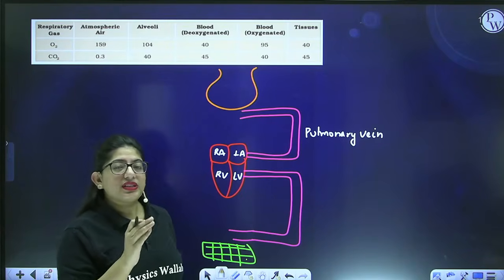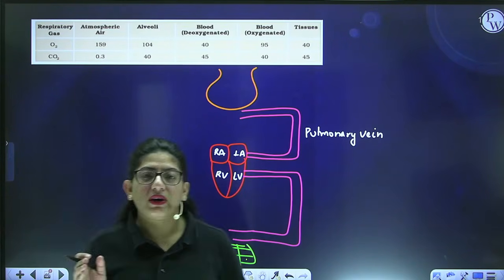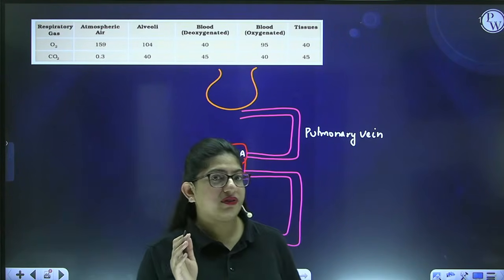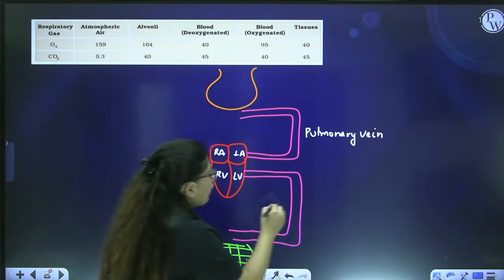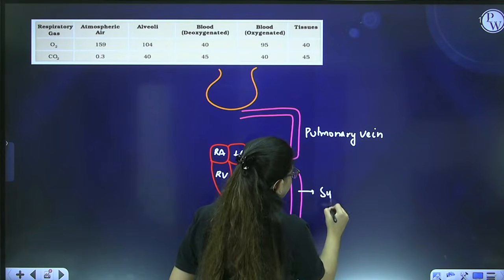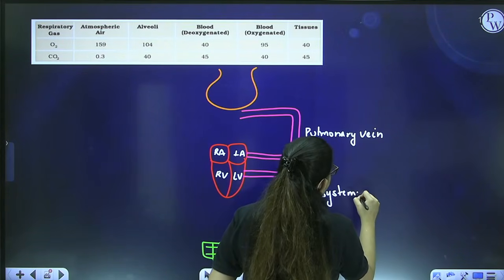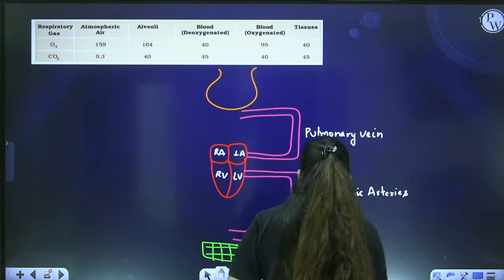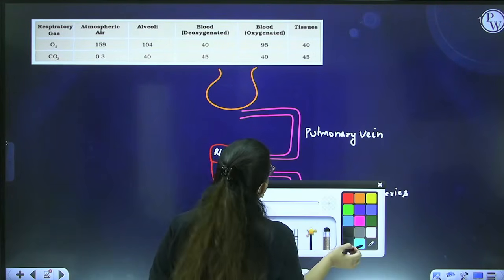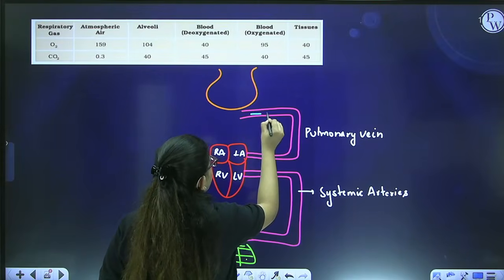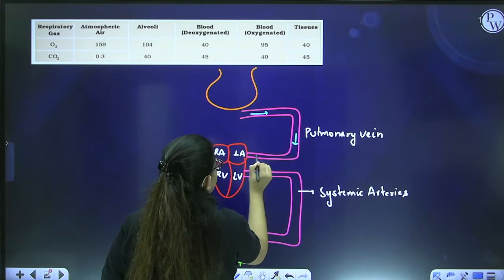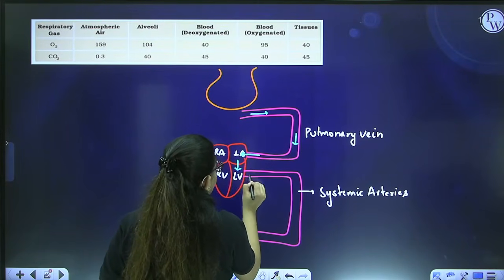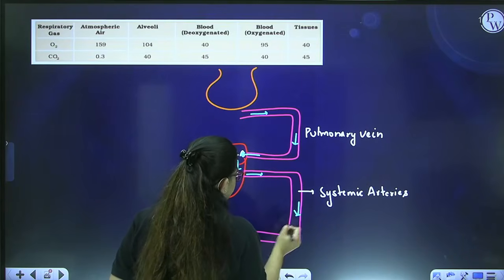Otherwise, veins carry deoxygenated blood. And these are the systemic arteries, and systemic arteries give blood to the tissues. Let me put down the arrows for more clarity. So here the blood is moving like this to the atrium, then the ventricle, then from here to the tissues.